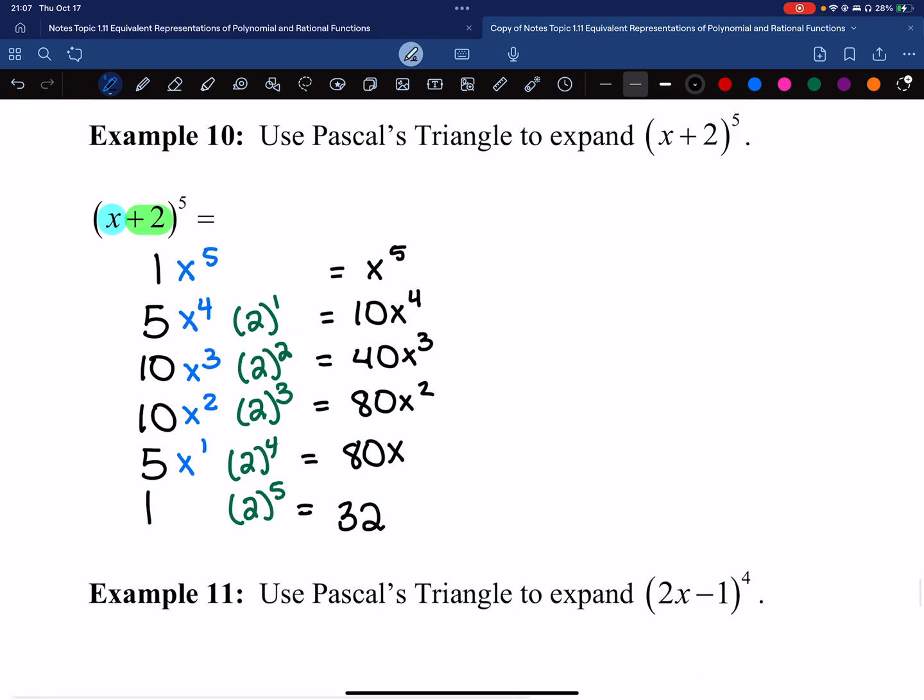So this expands into x to the 5th plus 10x to the 4th plus 40x to the 3rd plus 80x to the 2nd plus 80x plus 32.